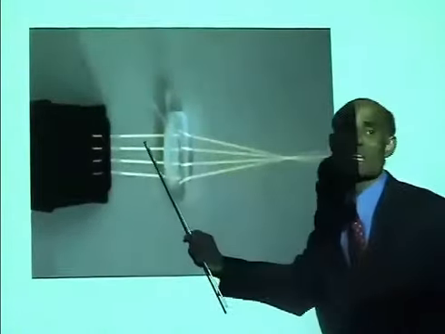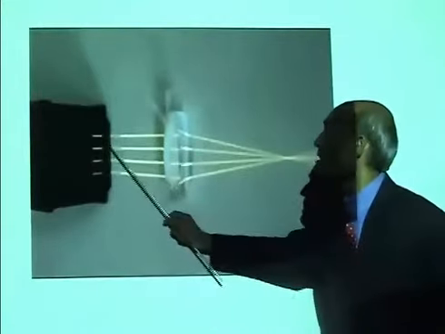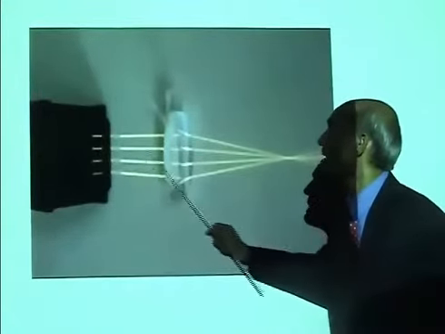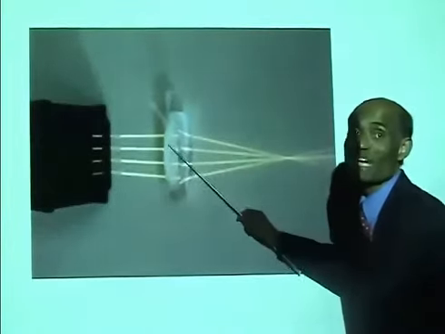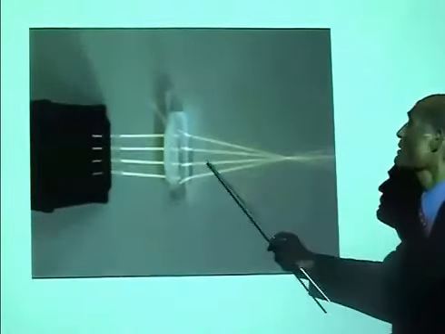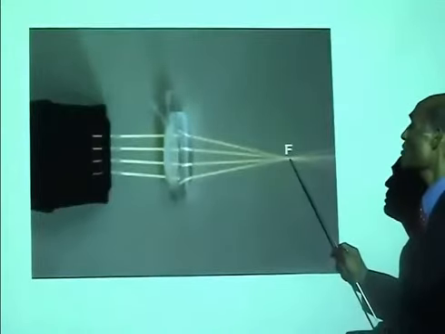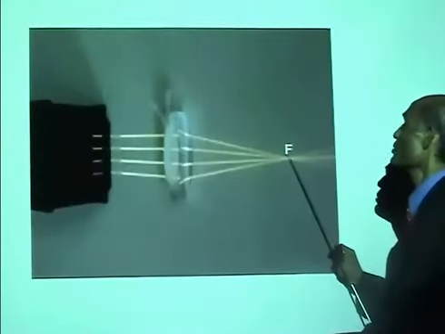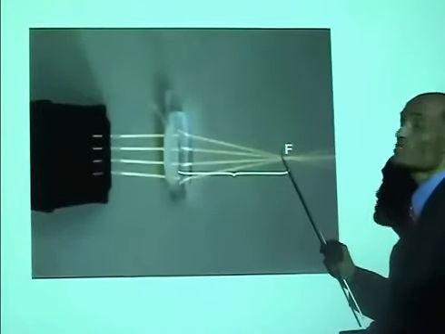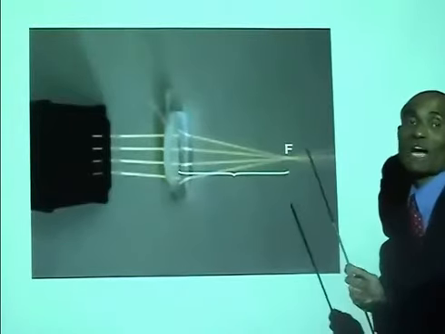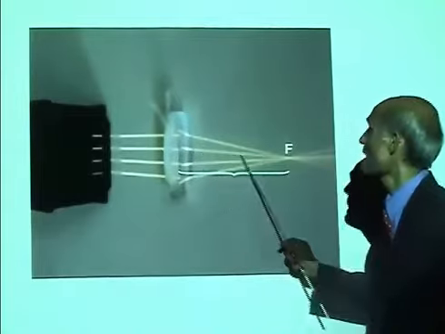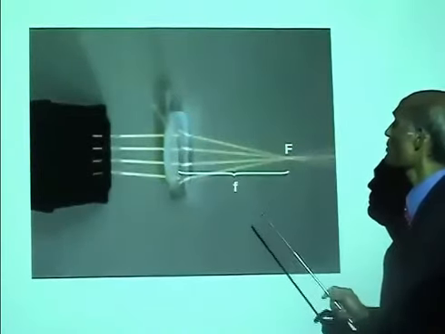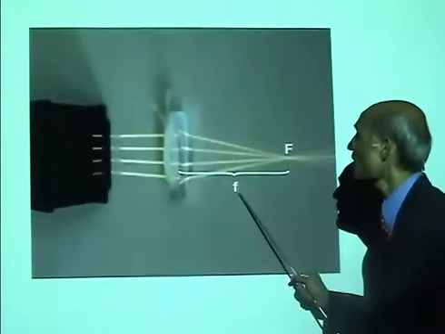You can see the illustration I just showed you. A parallel beam of light after passing through a converging lens will all converge at this point. What do you call that point? It's called the principal focus, represented by the uppercase F, and the distance from the center of the lens to the principal focus is called the focal length.